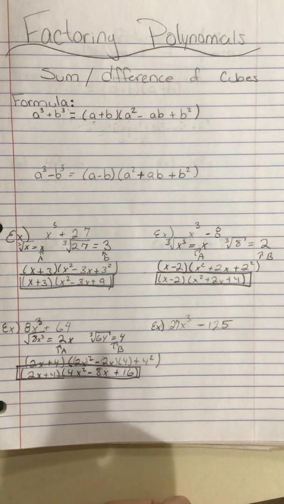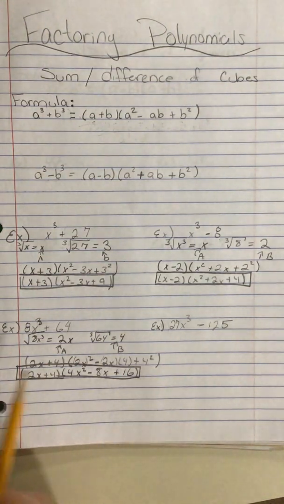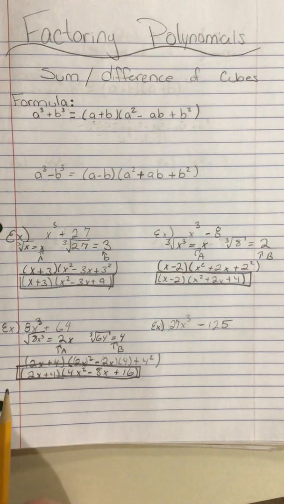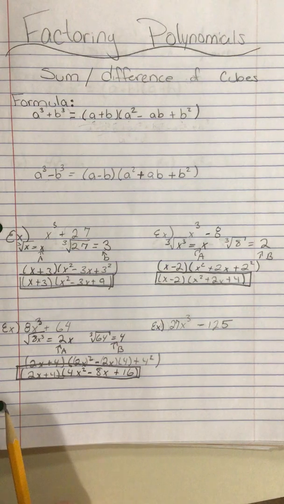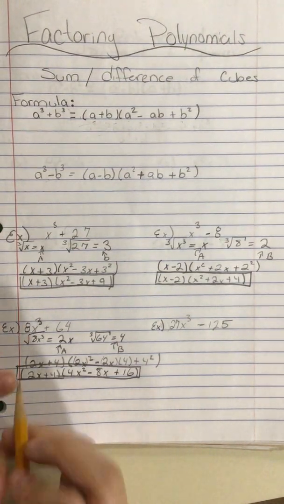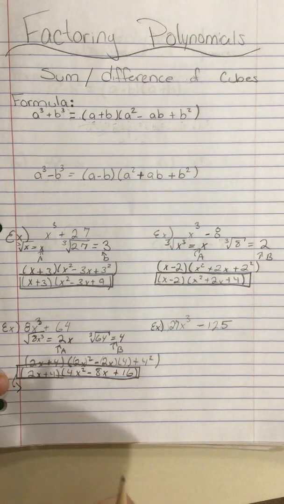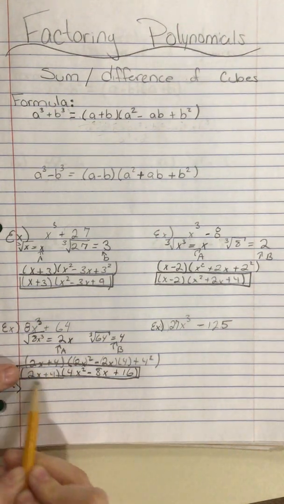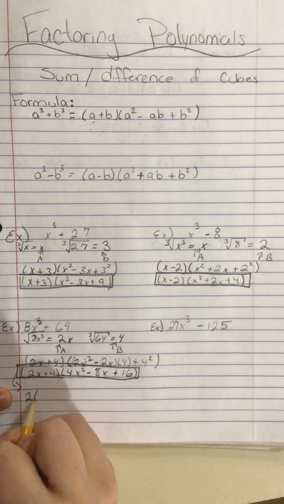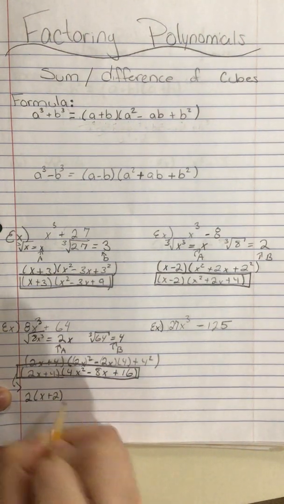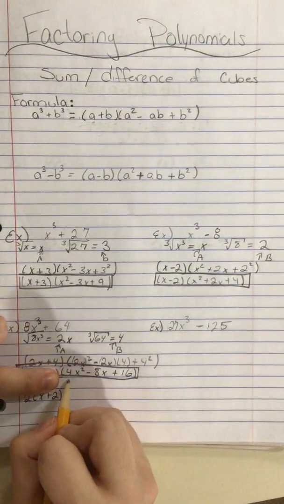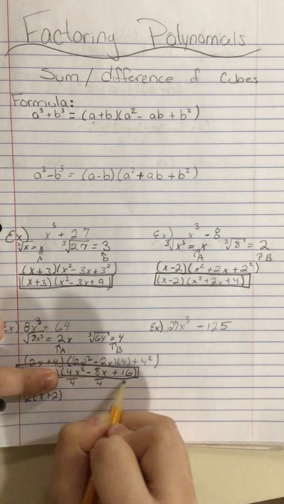As you can see, we can actually factor out a number. So this is not the complete factorization. This is just following the formula. If we want the complete factorization, we need to take out a 2 right here out of this one, which would give us 2 times x plus 2, by dividing each term by 2. And this one, we would have to divide each term by 4.